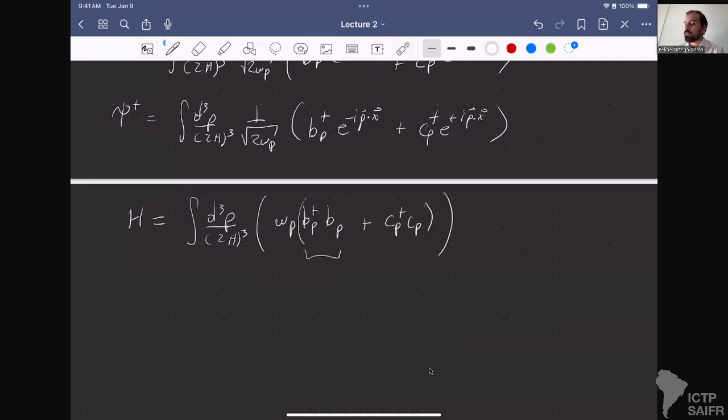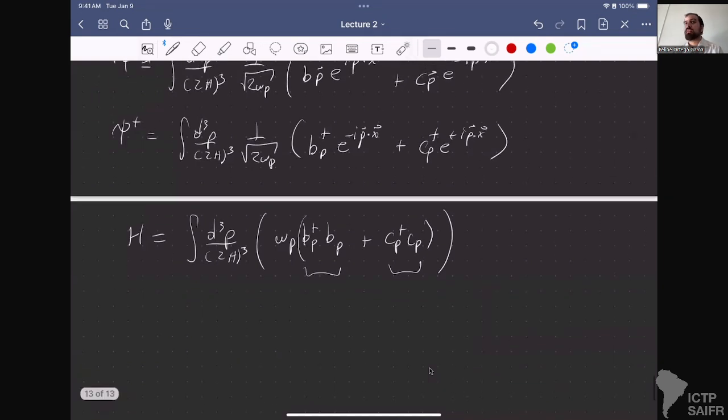So now we have two different number operators, in a sense, that are going to be counting different species of particles, if you wish.